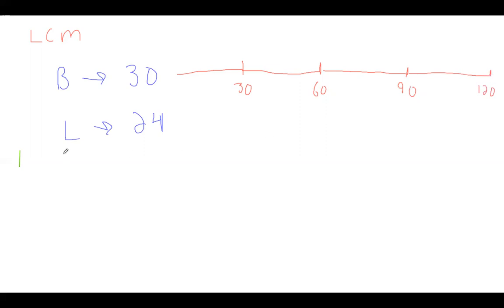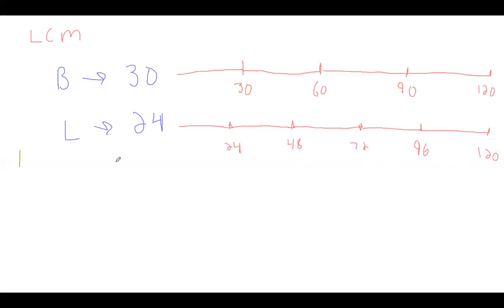Okay, Lou, after his first test, he's going to be at 24. And then after a second one, 48. Then 72, and so on until we get to this point right here.